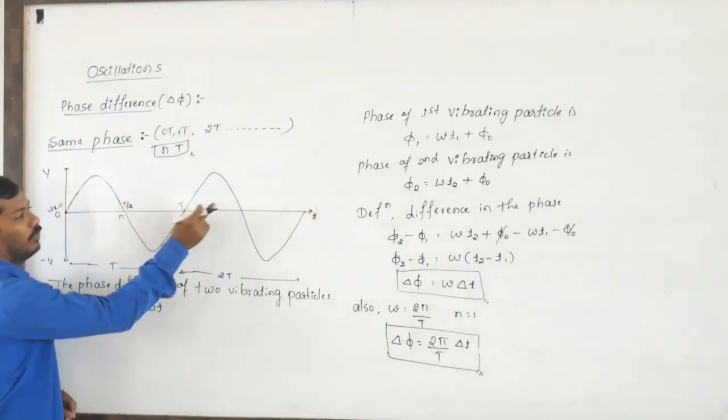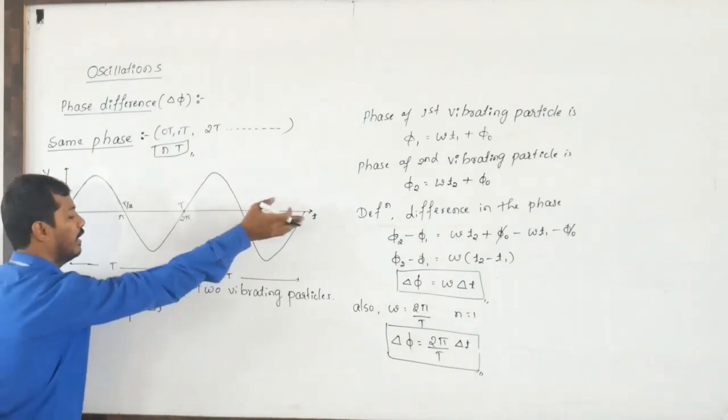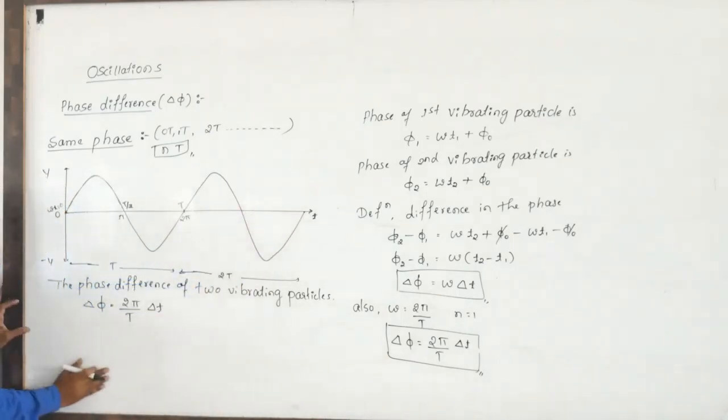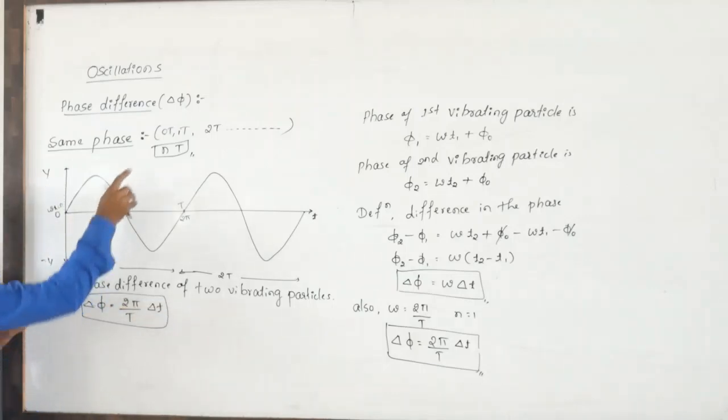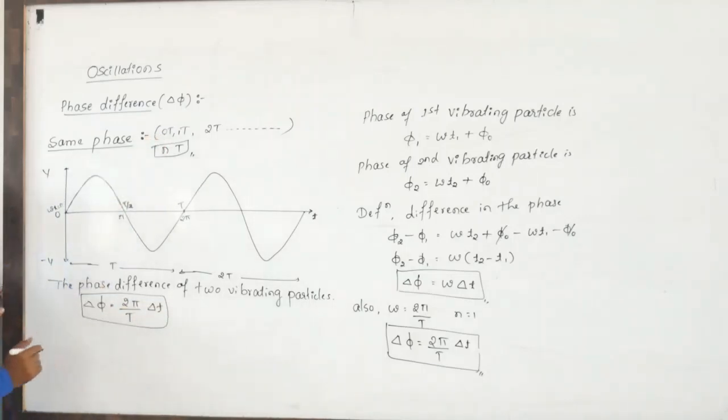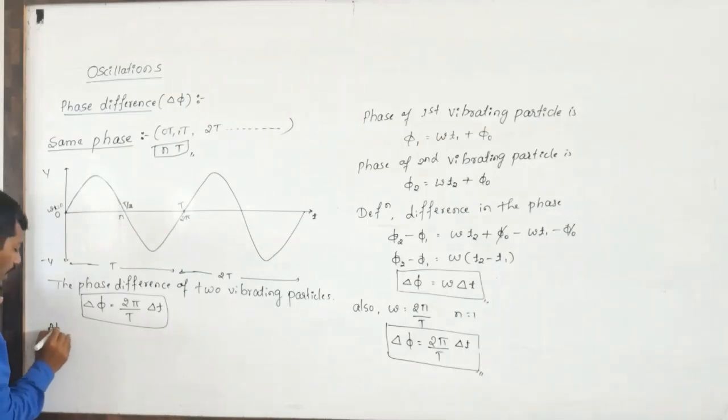First, at the initial time, the time difference delta t is equal to 0.